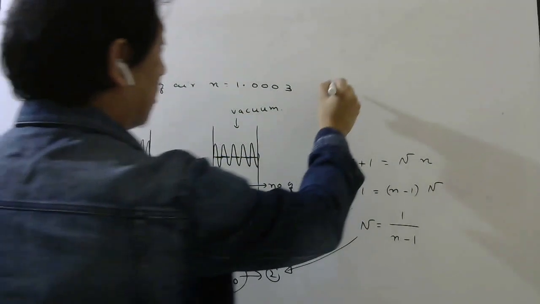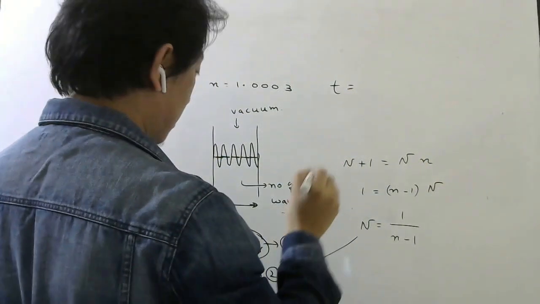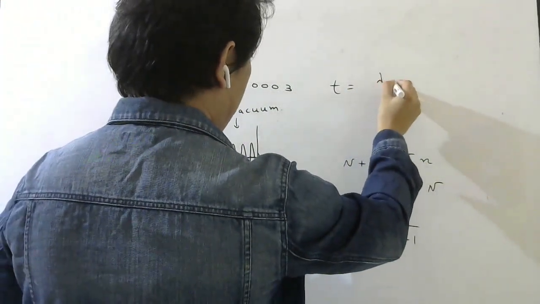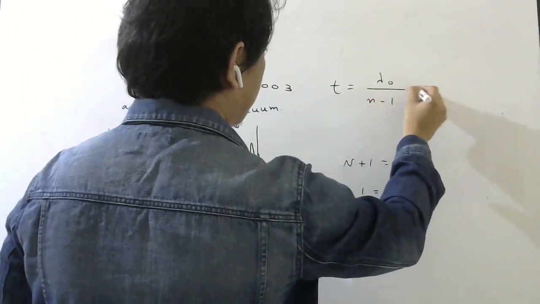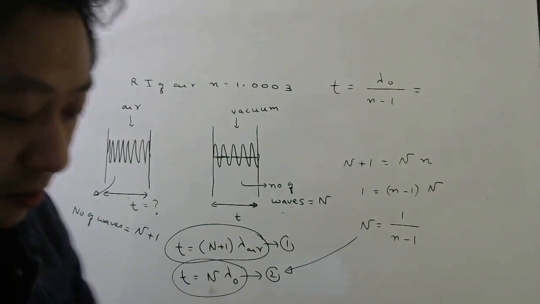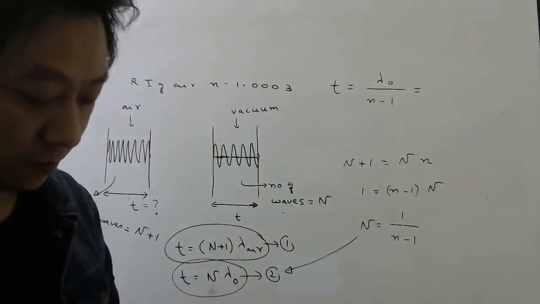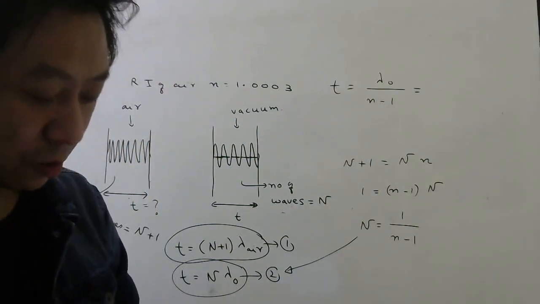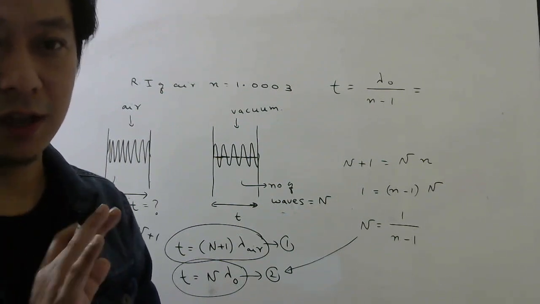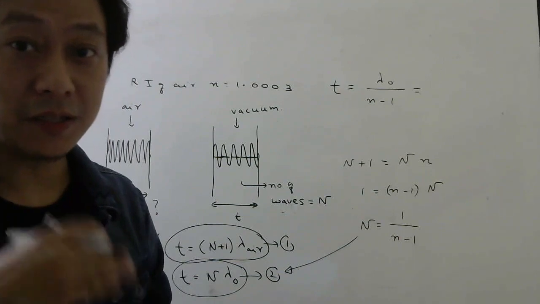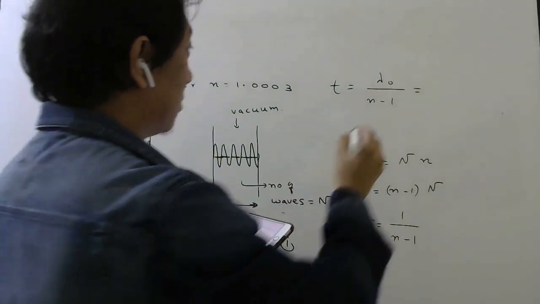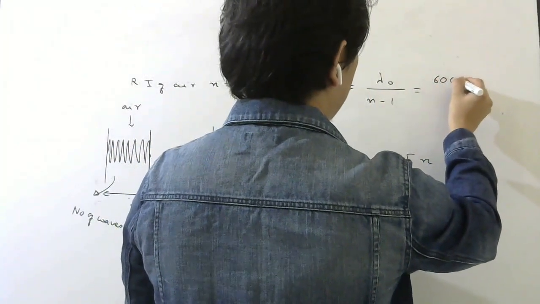The thickness of the air column will be equal to lambda naught, capital N is 1 by n minus 1. Now lambda naught is the wavelength of the light in vacuum. Now they told it is 6000 angstrom. They just told 6000 angstrom, so it means it is in vacuum only. Whenever they don't mention the medium, it is in vacuum. So the wavelength in vacuum is 6000 angstrom.